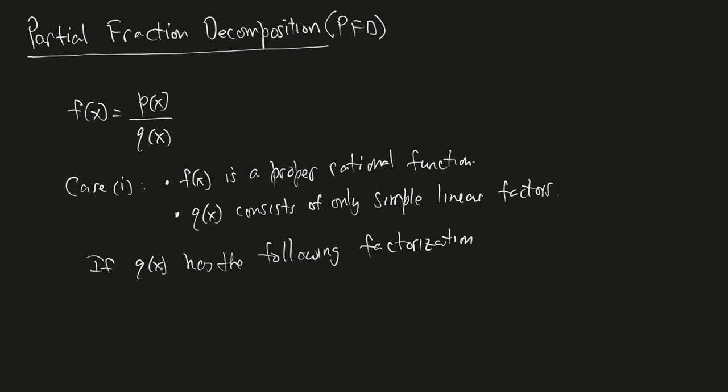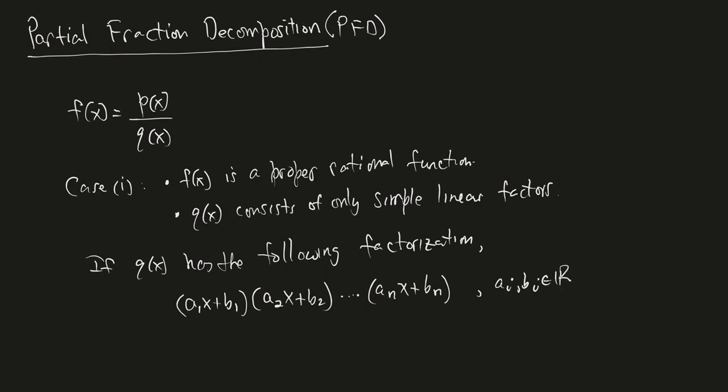But it's saying that if the denominator has this factorization, like a1x plus b1, so there's one linear factor, a2x plus b2, another linear factor, and let's say it goes up to n of these, a sub n x plus b sub n, where all the a sub i and b sub i are real constants.